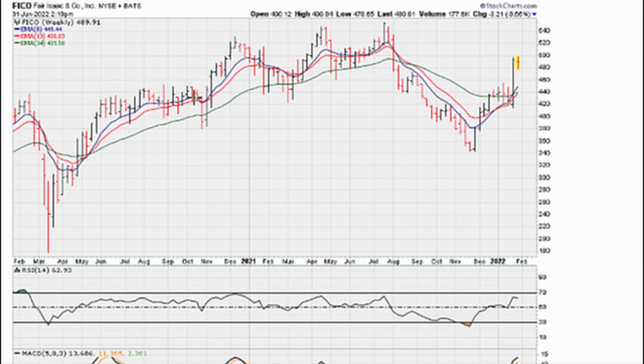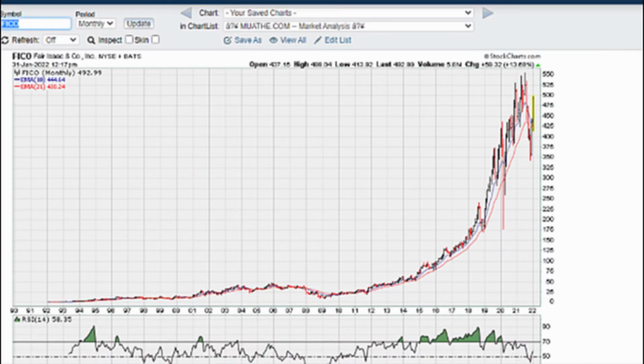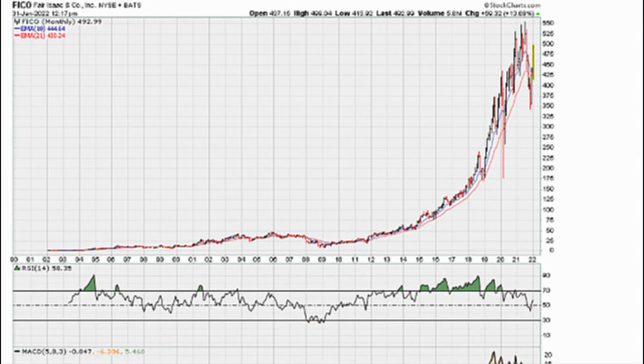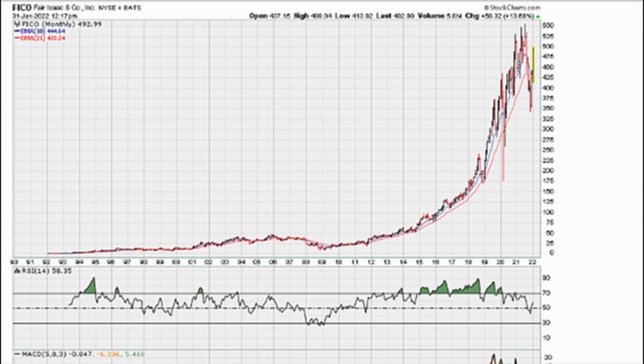If we take a look at the long-term monthly chart, in fact, it's going to be all data monthly, going back all the way to early 1992.